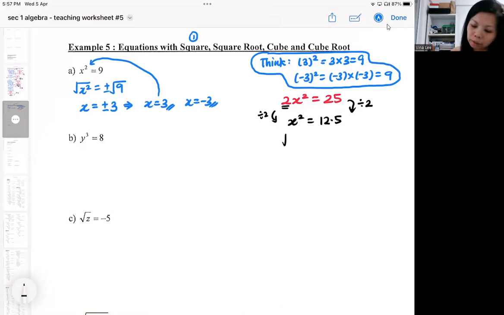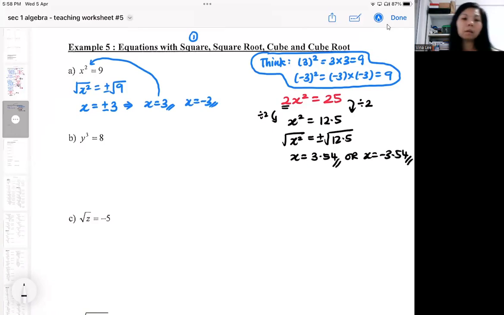Then I square root both sides, so you will get two possible answers. In this situation, you don't get a very nice answer, and most students will feel that their answer is wrong. But in actual fact, it is like this. Sometimes the number that you square root may not be nice enough.